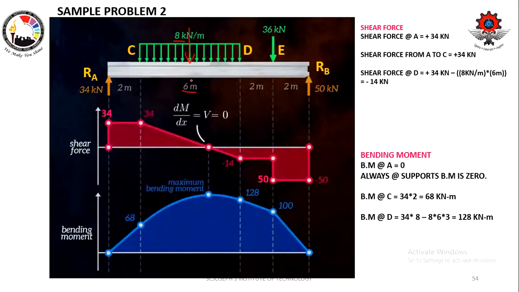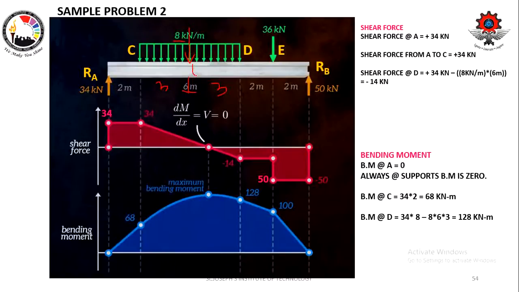The entire UDL has a distance of 6 meter, so it will act at the center, meaning from this end 3 meter and from this point 3 meter. That is, from the point C it is 3 meter and from the point D it is 3 meter. So this 8 into 6 into 3, right?